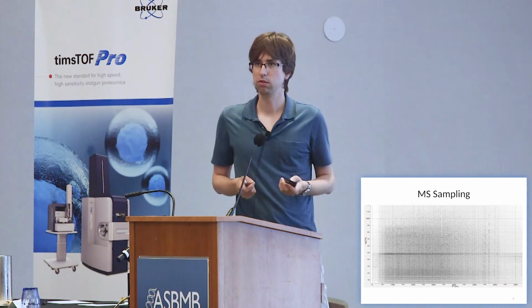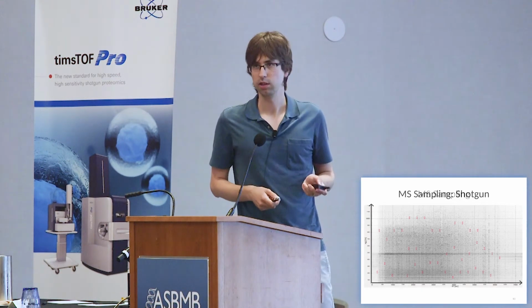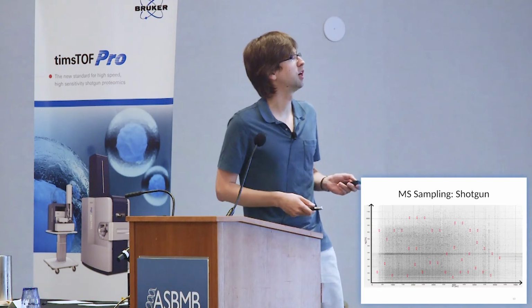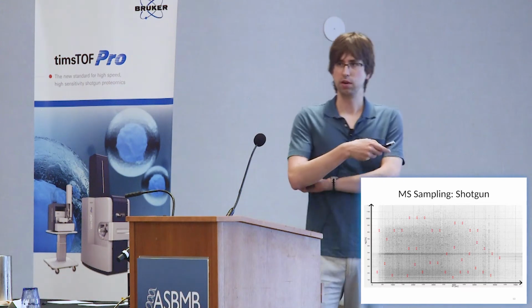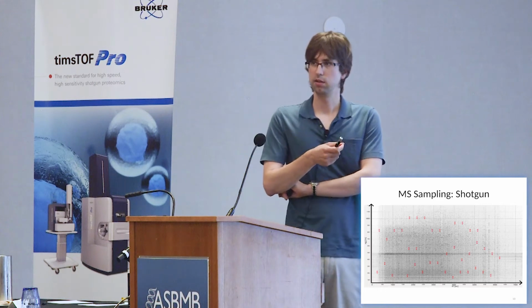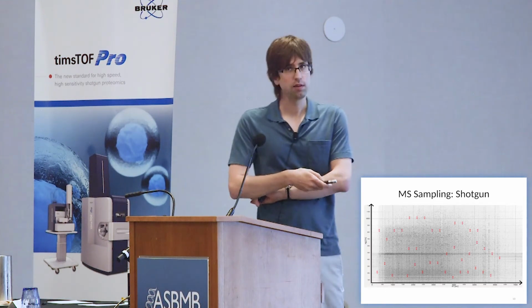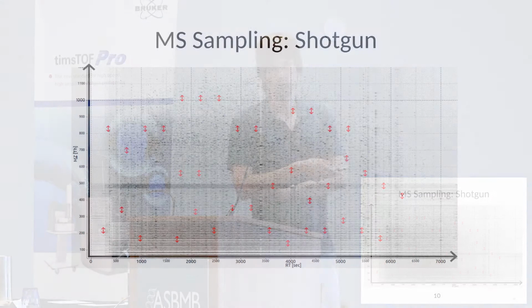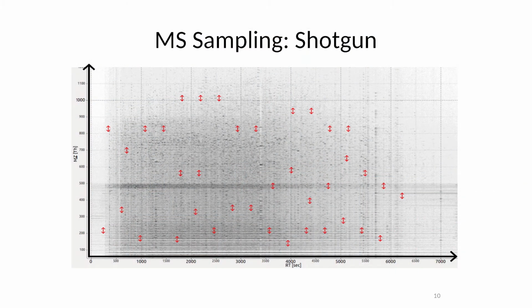The solution to that is something called data-dependent acquisition or shotgun proteomics, where the instrument selects, based on the data that it sees, positions for sequencing. This is an extremely efficient way of going very deep into a proteome, and we are only sequencing in areas where there is actually signal.